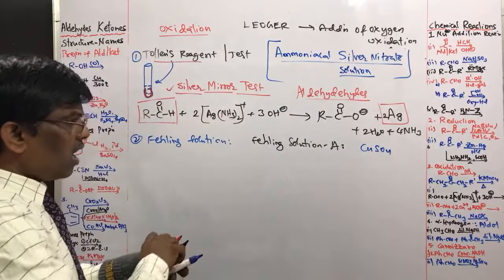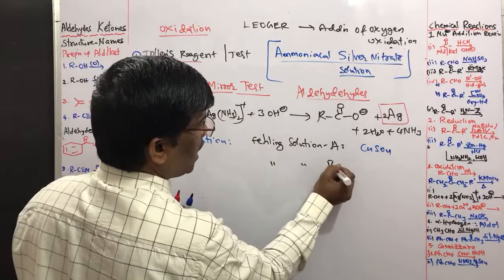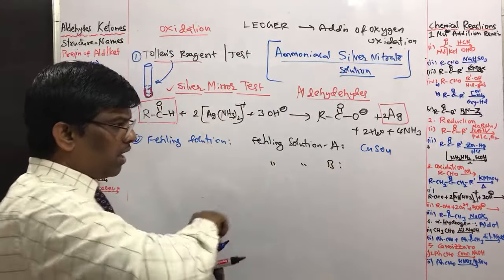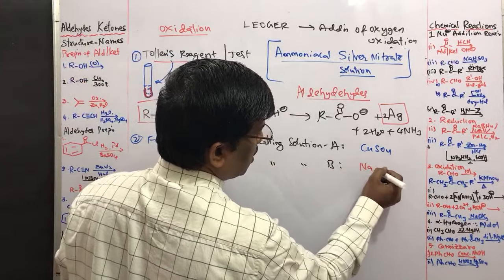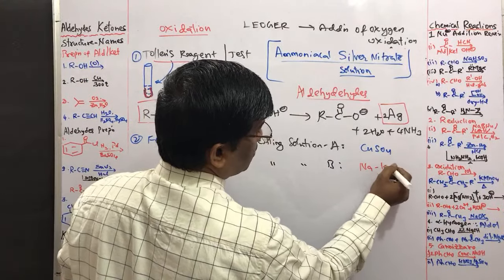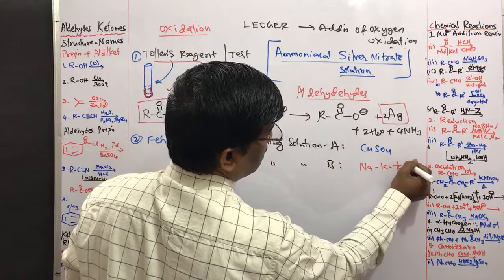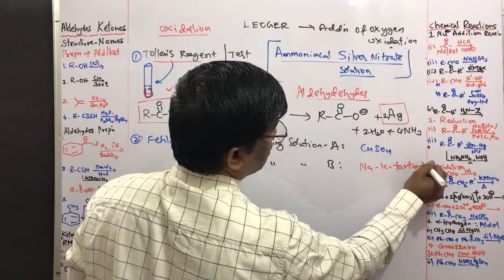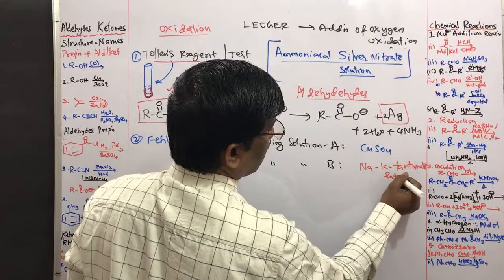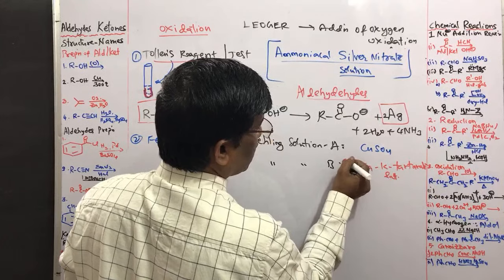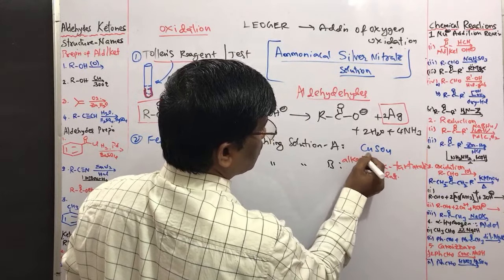And Fehling's solution B is sodium potassium tartrate salt, alkaline solution. Students, it is a base solution.